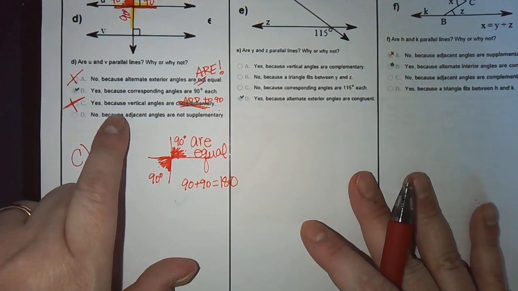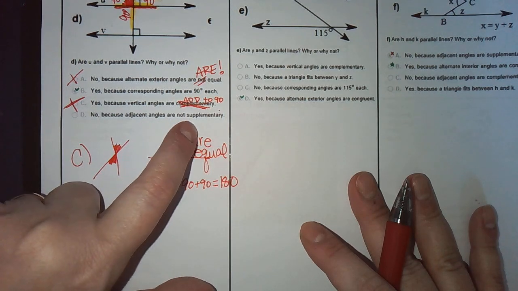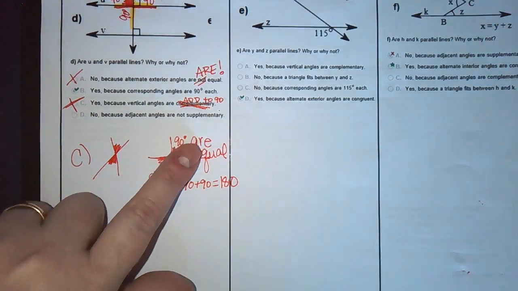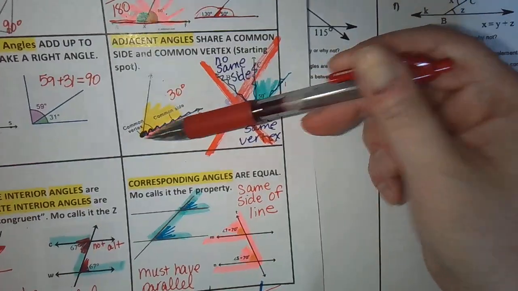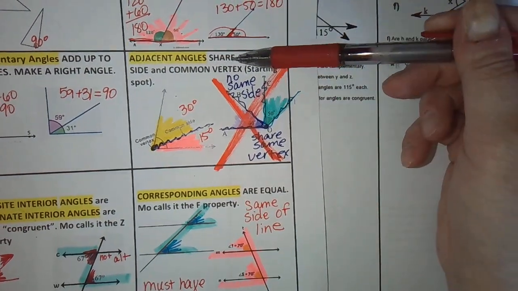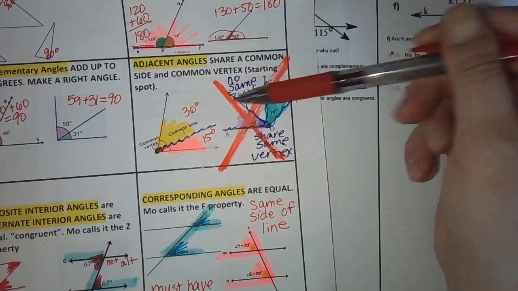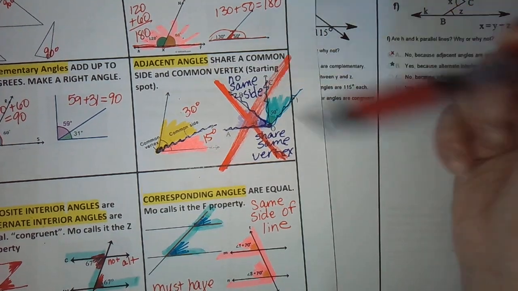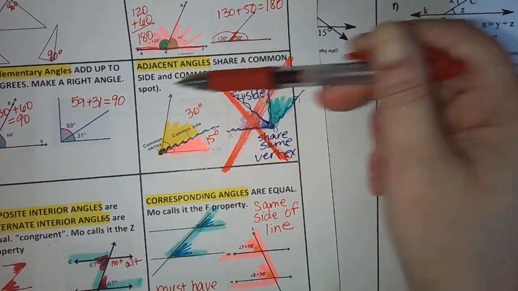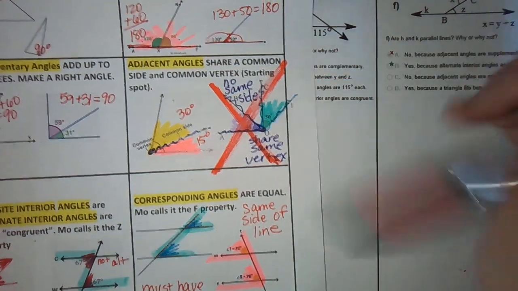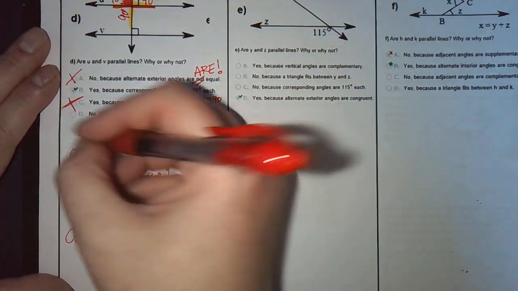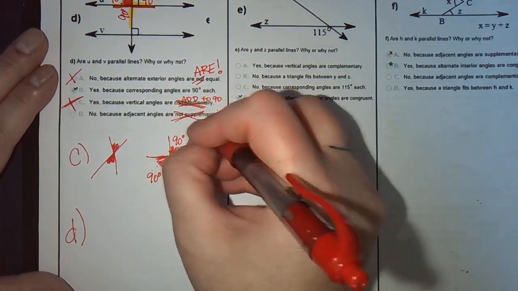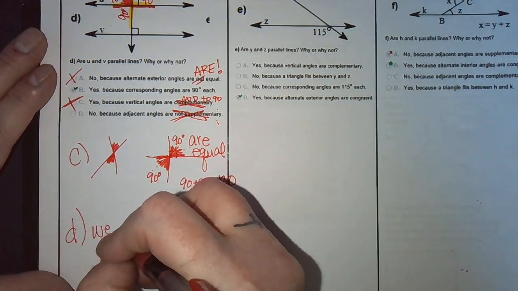Okay, let's look at the next one. It says, no, because adjacent angles are not supplementary. Well, let's see. Where's adjacent angles? Here they are. Okay, and it doesn't say anything about what they add or subtract to. Nowhere does it say add or subtract. Okay, so part D says adjacent angles are not supplementary. Well, we're going to cross that out because we don't know what they are.